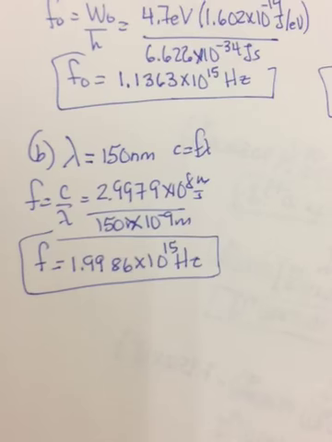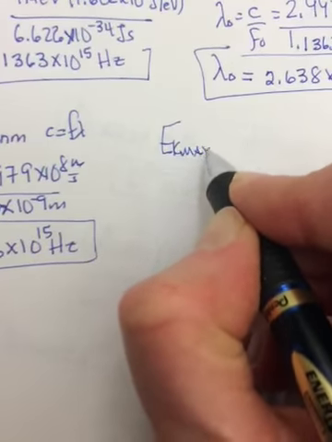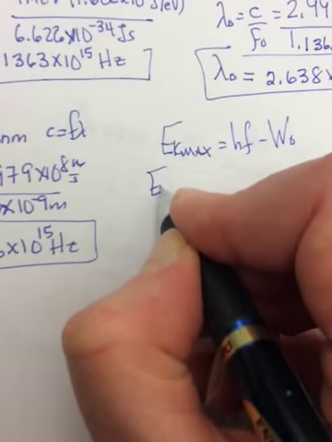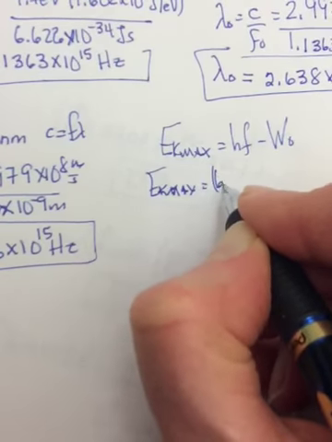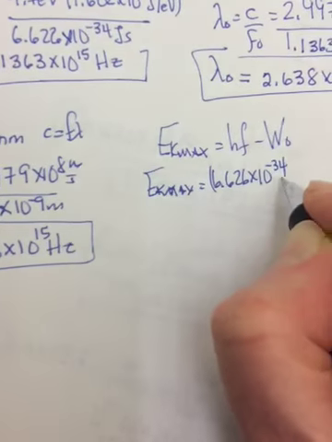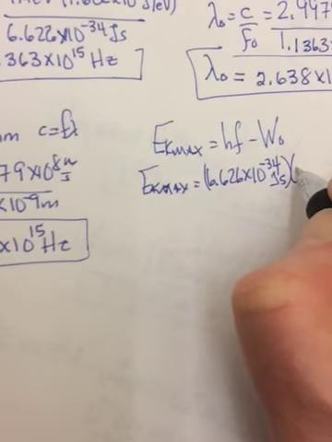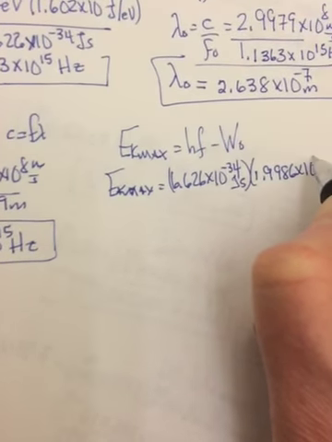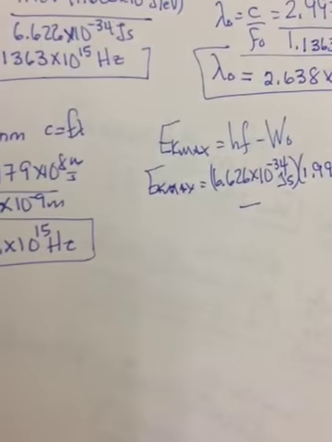Okay, and then it says, what is the maximum kinetic energy? So EK max is equal to HF minus WO. So EK max is equal to 6.626 to the negative 34 joules seconds times, what was that? 1.9986 to the 15th hertz minus WO.